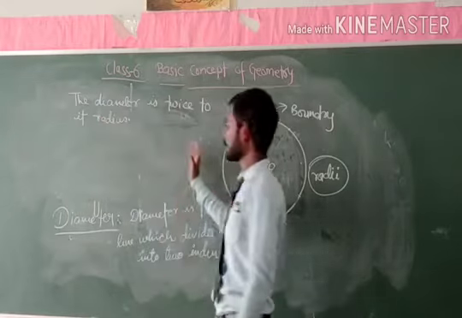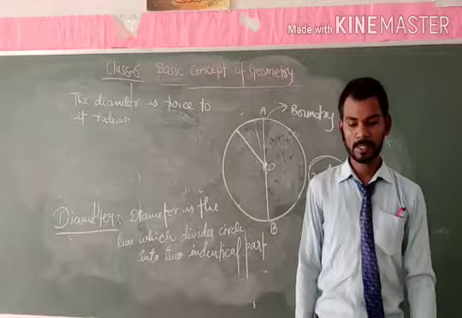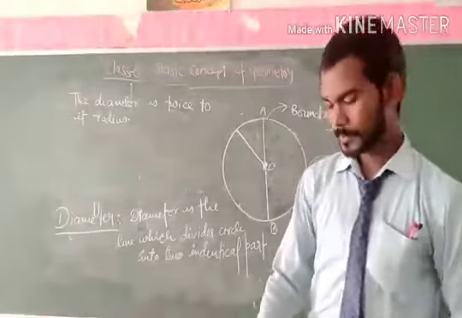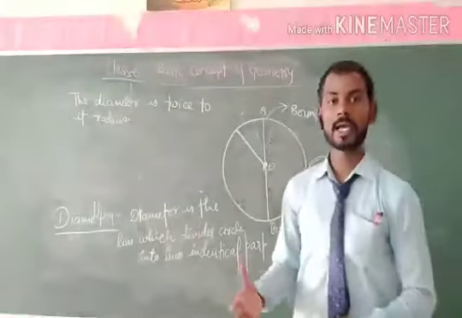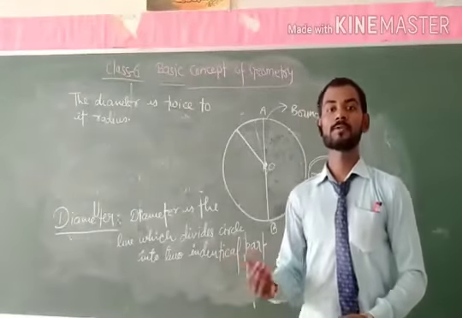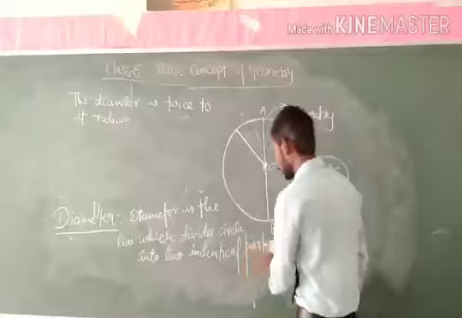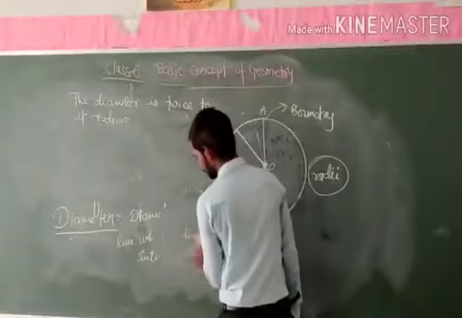Let's prove this fact by mathematical derivation. How do we prove that the diameter is always twice its radius? So let us see.